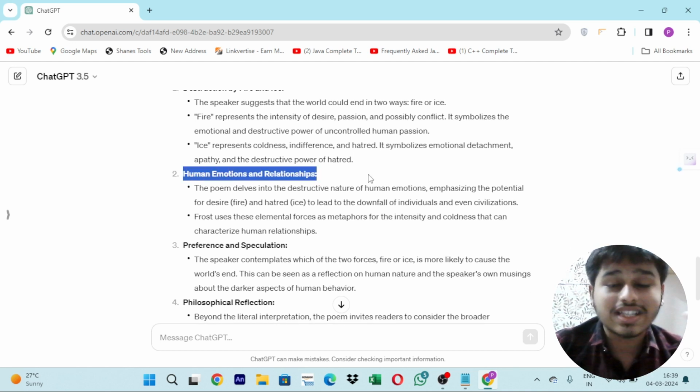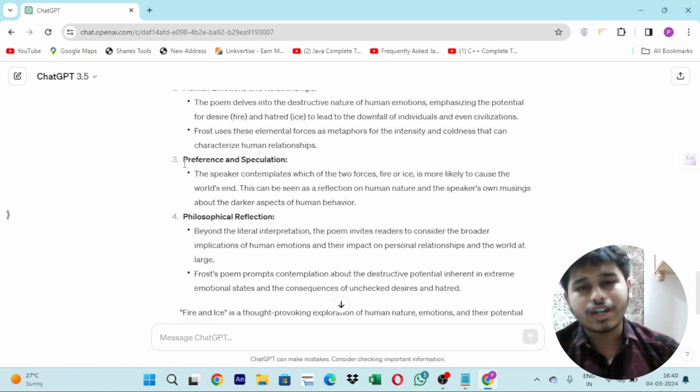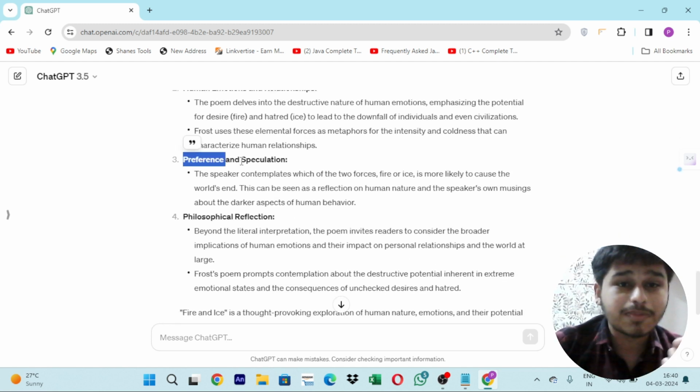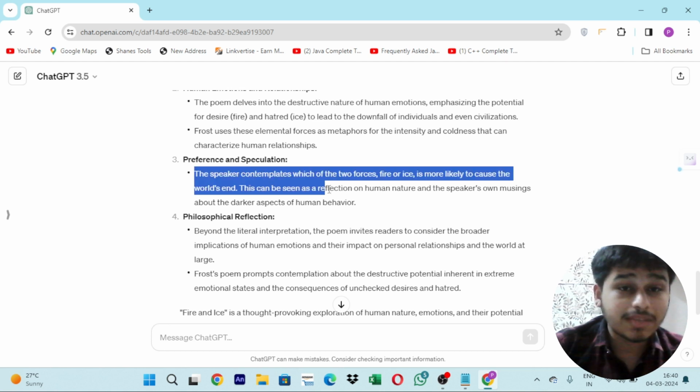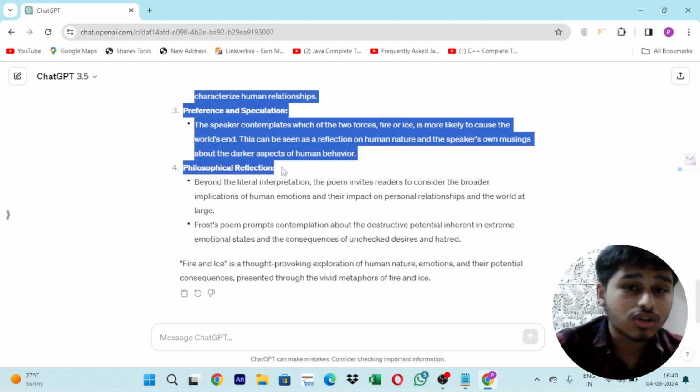Then human emotions and relationships, what the poem is describing, by emphasizing the potential for desire represented as fire and hatred as ice. Now ChatGPT is also telling us about the preference and speculation, explained in three lines. Then the fourth point ChatGPT has given us is philosophical reflections. What is this philosophical reflection?